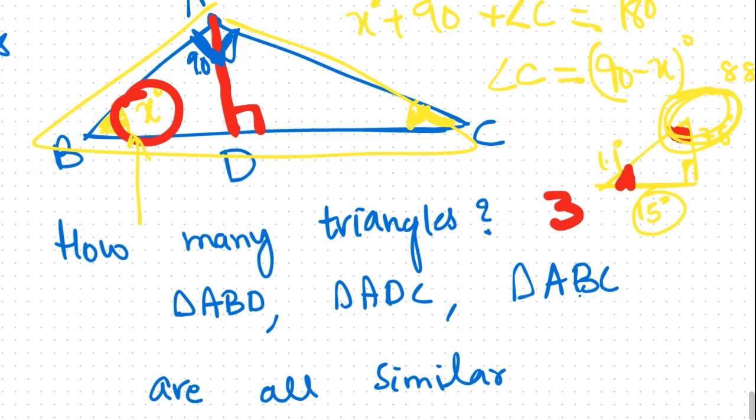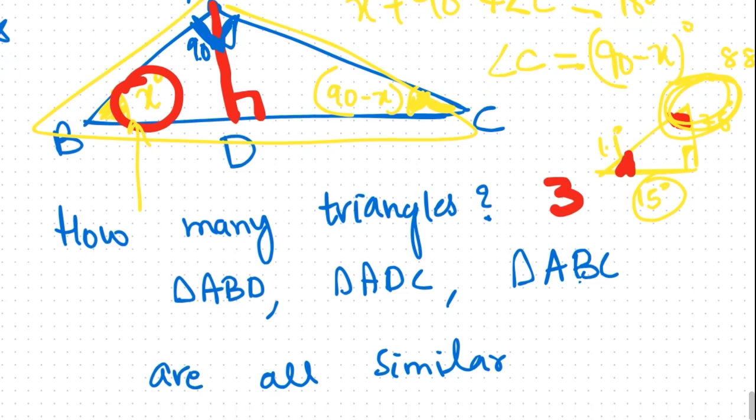One angle is x, the other will be 90 minus x. We found it here: 90 minus x. So that is the thing.